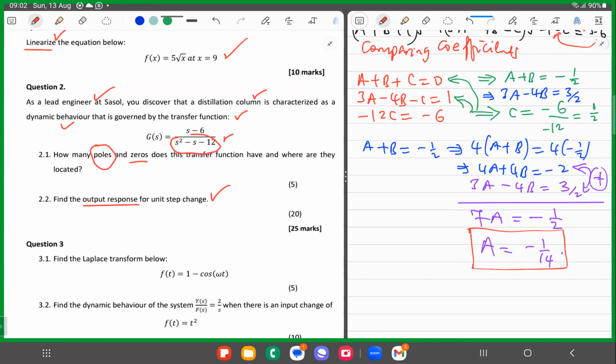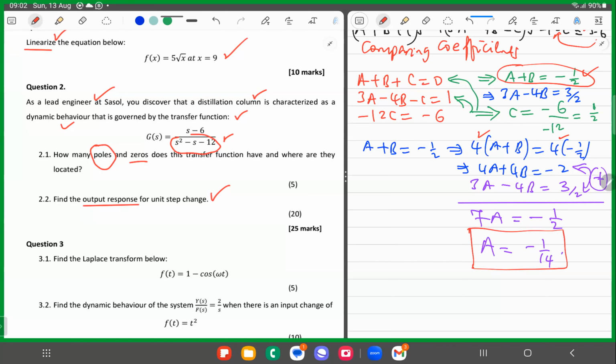Yes. The one with negative 1 over 2 is the first one, the green one. But now we just multiplied it by 4 on both sides. The 4a and 4b, it's multiplication.